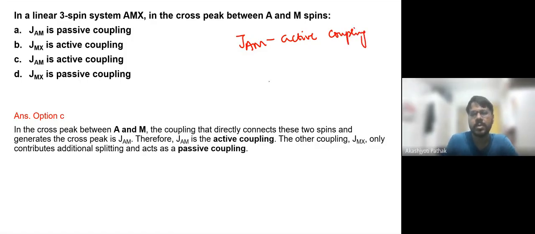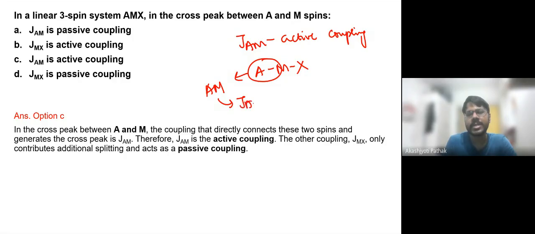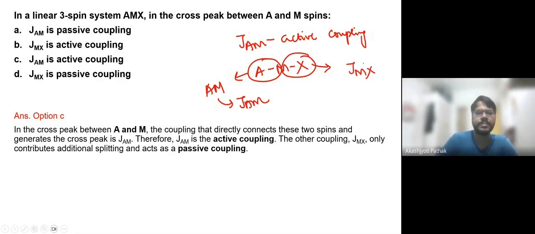In the linear 3-spin system, for the MX cross peak, you will not have an AX cross peak, because A and X are not coupled. The MX cross peak has JMX as the active coupling, and the other is the passive coupling.